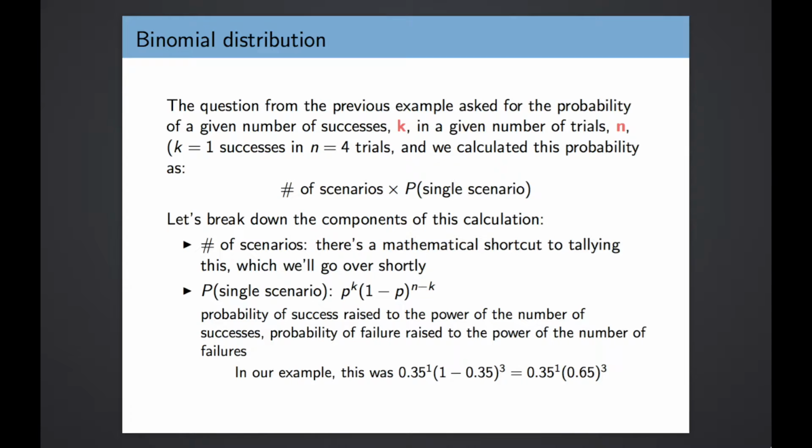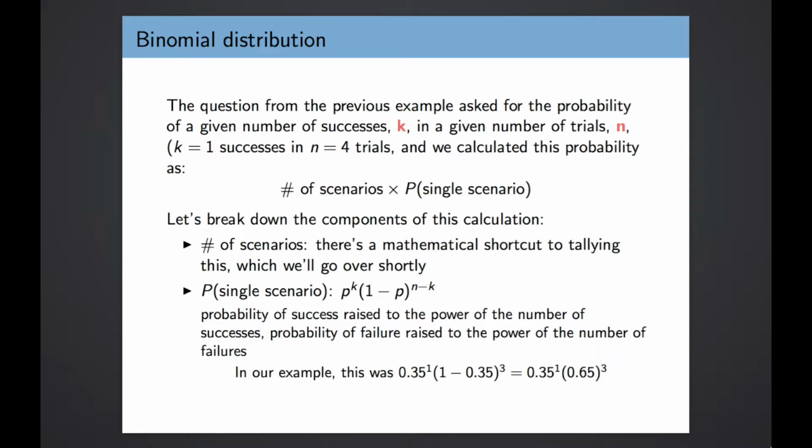And we calculated this probability by multiplying the number of scenarios, that's each of the 4 scenarios in which one person supported the Browns and the other 3 did not, times the probability of an individual scenario. So let's talk about the components of this calculation in a little bit more detail. I'm going to talk about the number of scenarios in just a minute. How do we decide how many scenarios are possible with a particular number of the outcome that we're looking for?